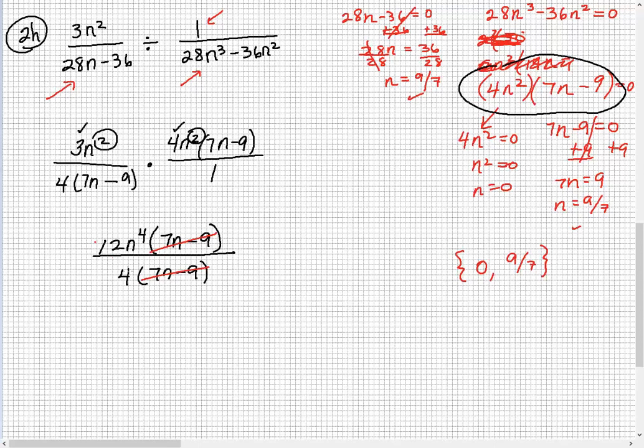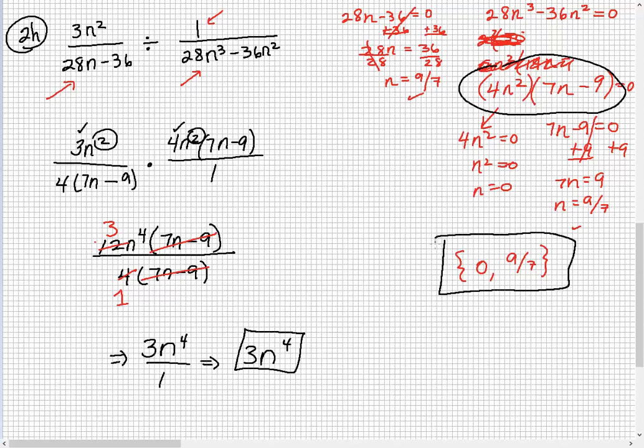And 12 and 4 goes into itself once and goes into 12 3 times. So then this reduces into 3n to the 4th over 1, which is just 3n to the 4th. So this is the simplified form of the expression, and these are the excluded values.